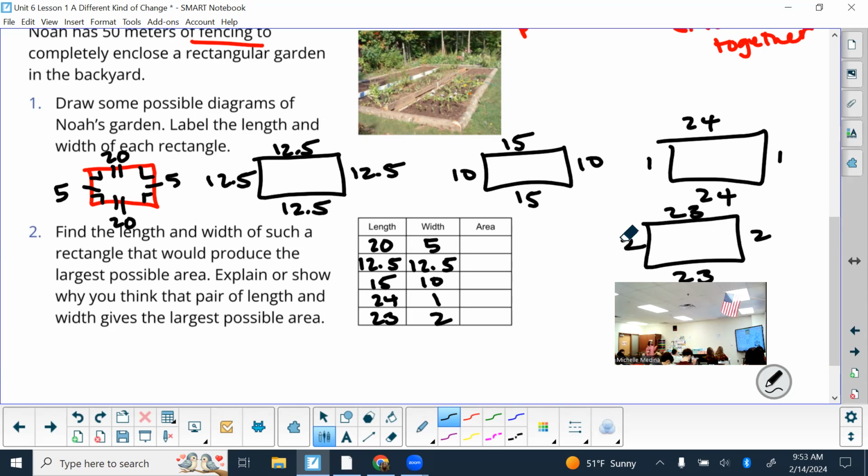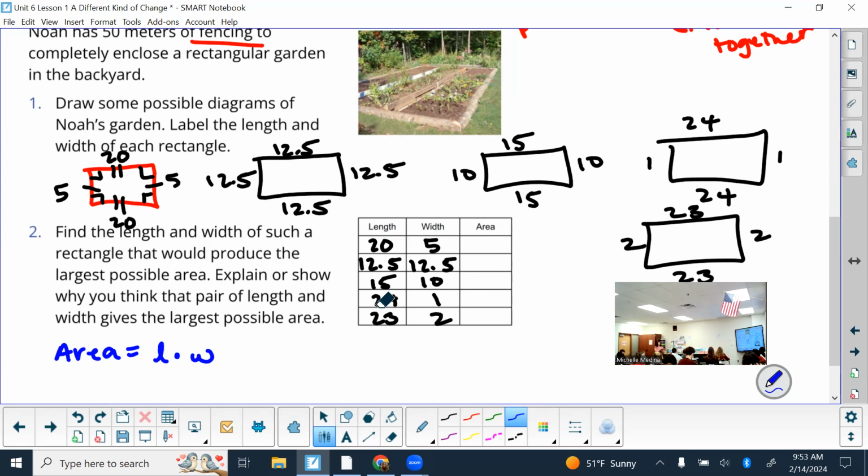For this next part, we're going to use this table of values when it comes to the graphing. But try to identify the length and width of such a rectangle that would produce the largest possible area. So how do you find area of a rectangle? Length times width, good. So we have some lengths and widths.